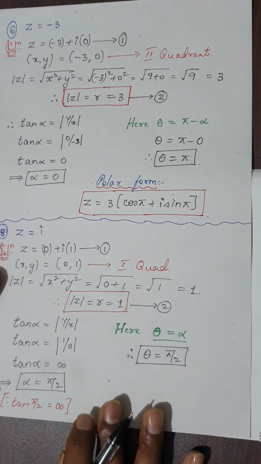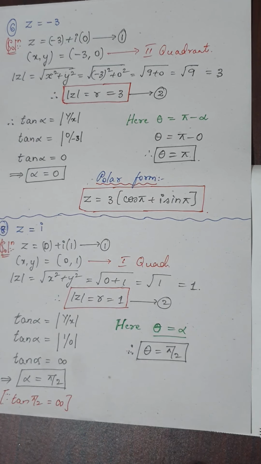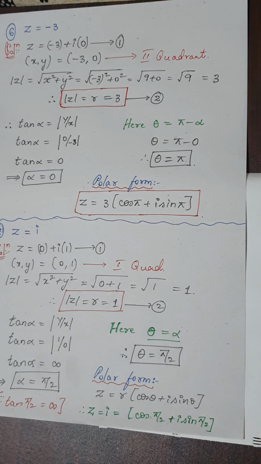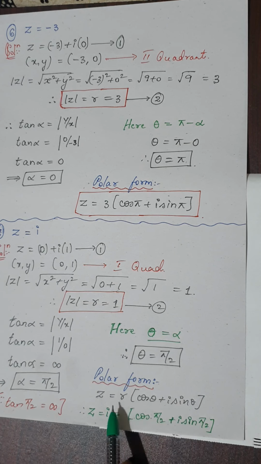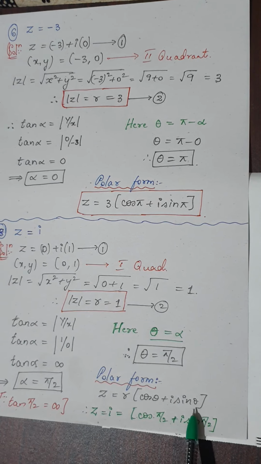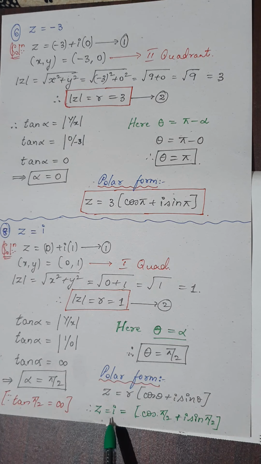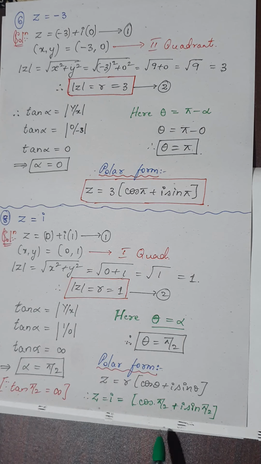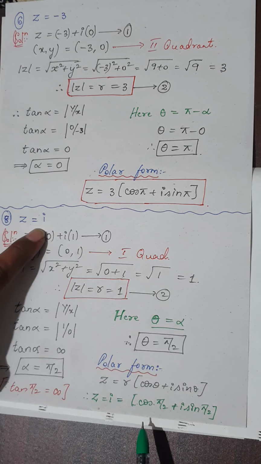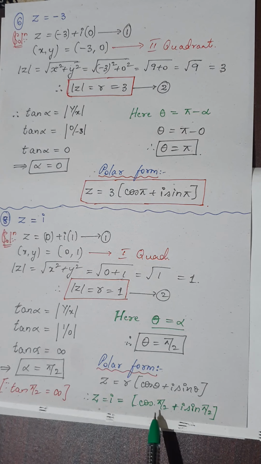Okay, therefore you can finally write its polar form. So kindly remember this polar form, dear students. r into cos theta plus i sin theta. Theta is 90, r is equal to 1. Therefore z is actually simply i. So we know i value is root of minus 1. Its polar form is nothing but cos 90 plus i sin 90. You can cross check.